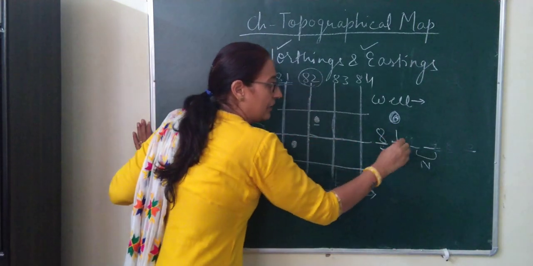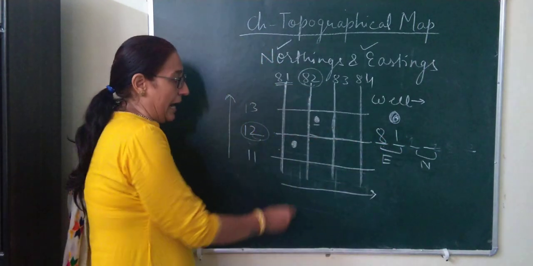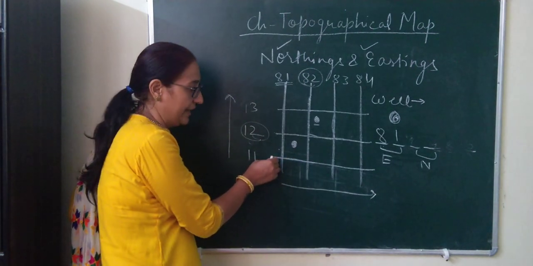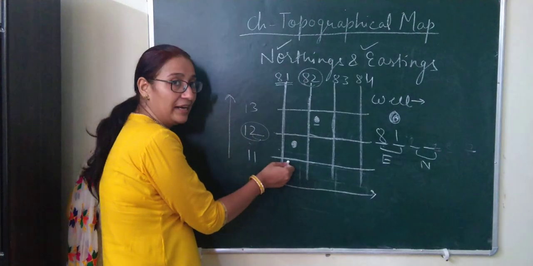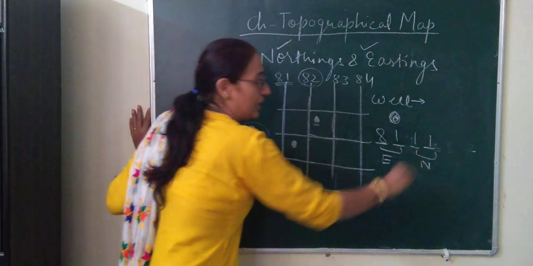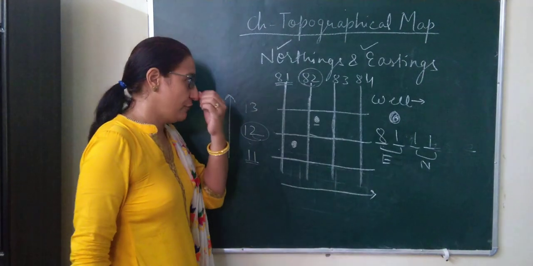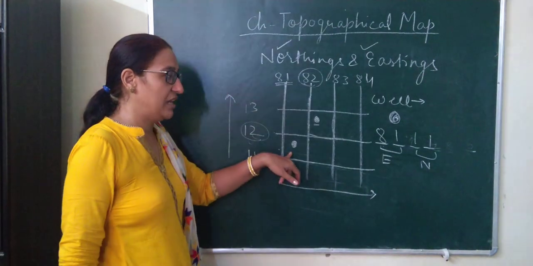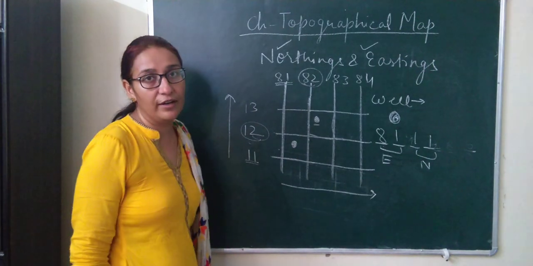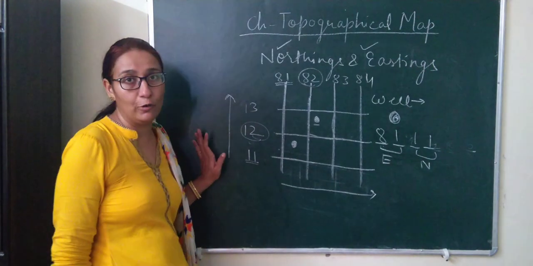So 81 will come here, and the northing line, horizontal line, located at the bottom of this symbol is indicated with number 11. So 11 will come here. So what is the 4-figure grid reference of this well? 8111. So this is the 4-figure grid reference. In this way we have to calculate.